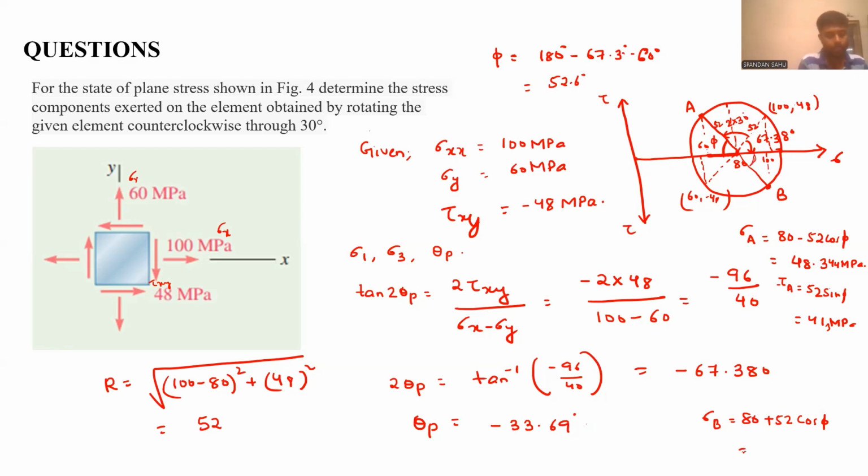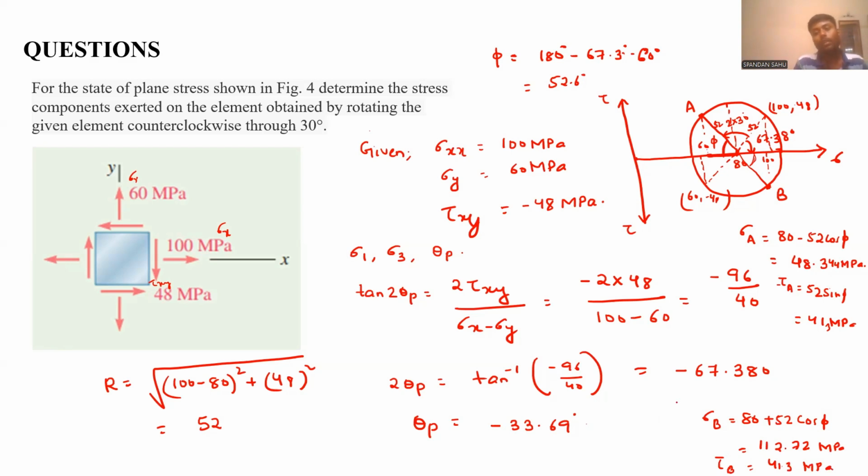So 80 plus 52 cos, this is coming out to be 112.72 MPa, and tau B will be nothing but the same thing, 41.3 MPa.